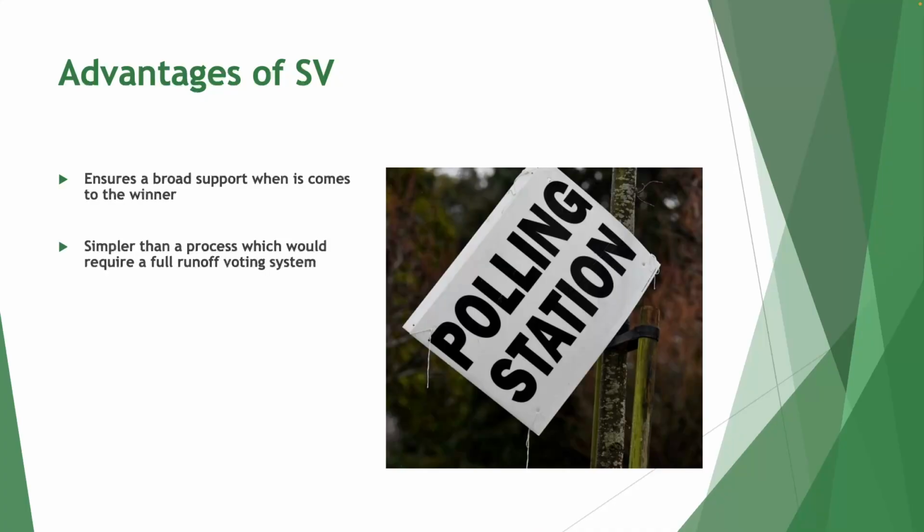It is more simple than a process in which you would require a full runoff voting system. So in some parts of the world and in some elections, you have what are known as runoffs, which is essentially a two-round system in which you do voting, and if there is no clear majority, then you have to do another round of voting afterwards.